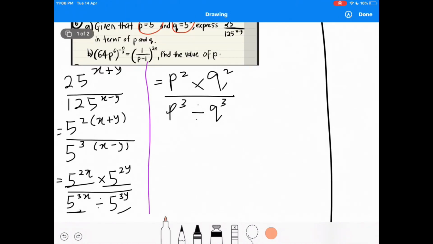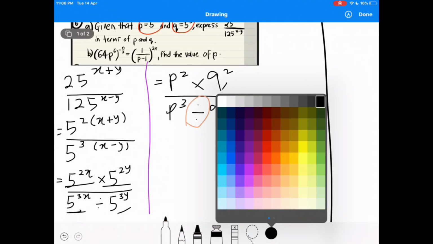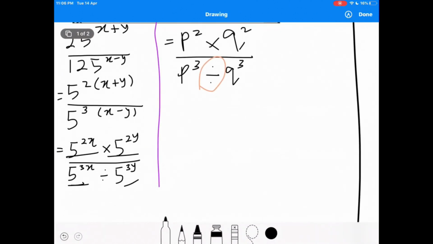Next, change the divide sign into a multiplication sign. So it will be like this.